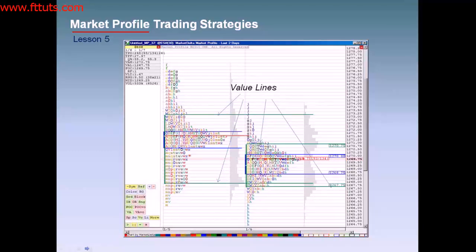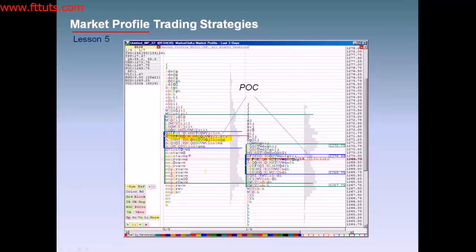Okay, we've got our value lines now defined. And the POCs, points of control. The point of control, again, is the point where we see the greatest trading activity. The largest number of TPOs that appear on the chart give us the POC. So if we're looking for the fairest price on the chart, this is the price where the greatest activity between buyers and sellers took place.